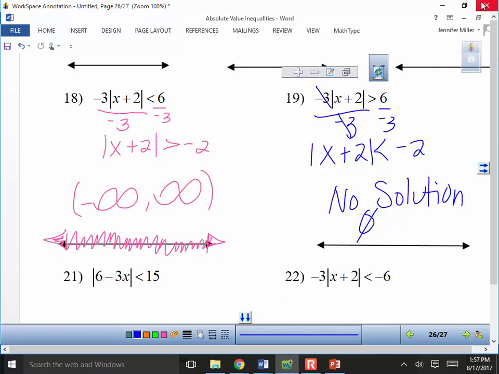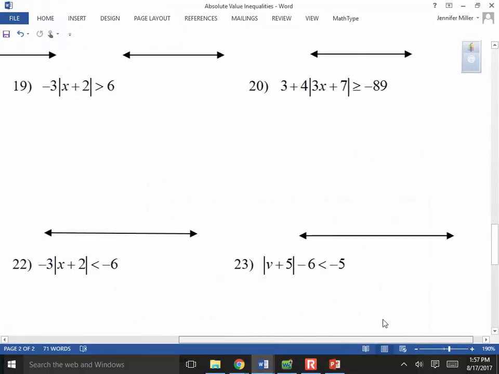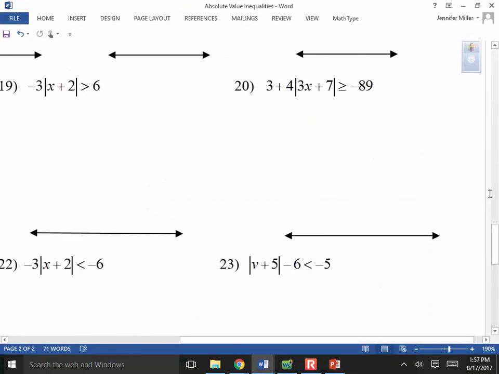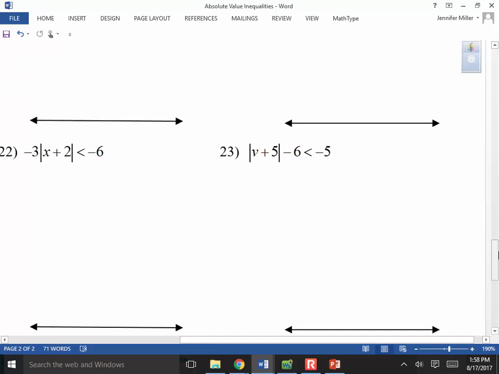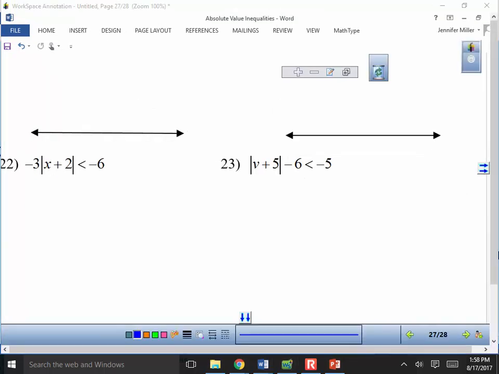Let's look at 23. So this might be one of those examples where, DeMarcus, you look at this and you see that negative right there on number 23, and you might say, oh, this is going to be a special case. I don't even feel like working out anything. But it might look like it, but not actually be, because the absolute value is not by itself yet.